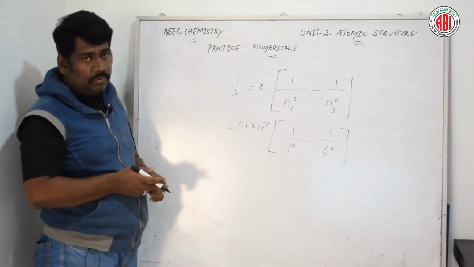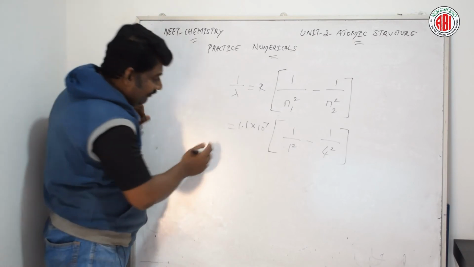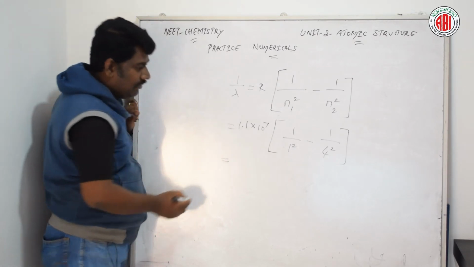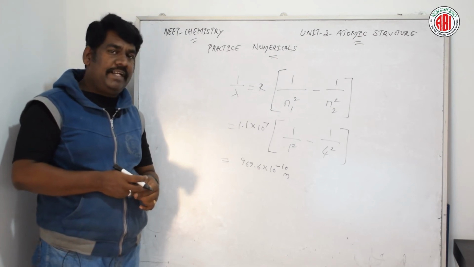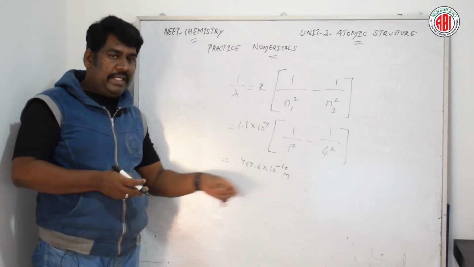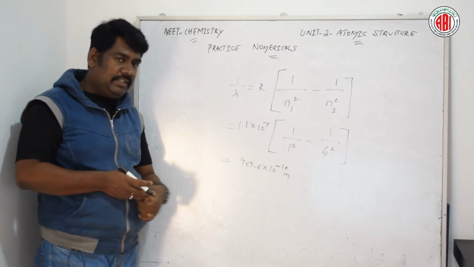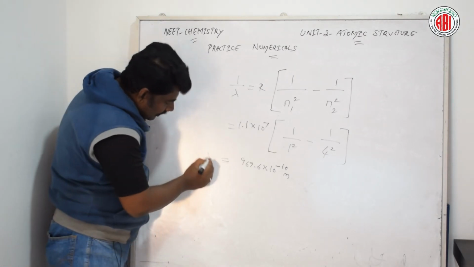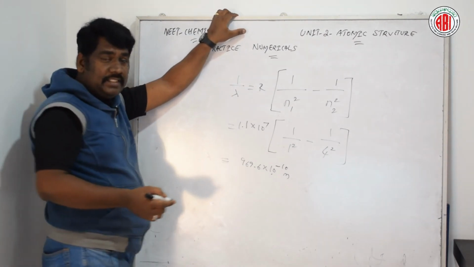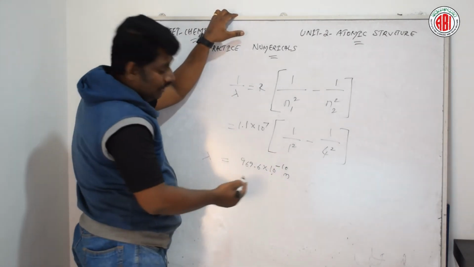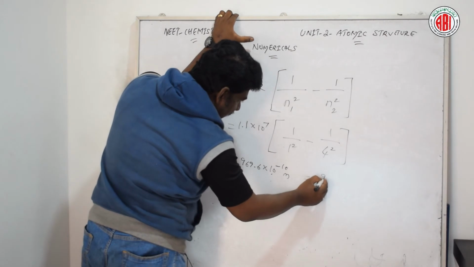So now simplifying this, we could get the value, that is 969.6 into 10 to the power of minus 10 meter. This could be converted into Armstrong, where 1 Armstrong is nothing but 10 to the power of minus 10 meter.